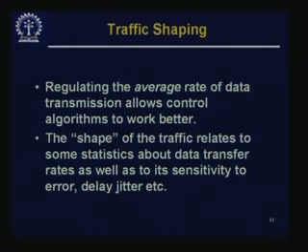Let us look at traffic shaping first. Regulating the average rate of data transmission allows control algorithms to work better. As I mentioned earlier, computer networks, specifically data networks, our internet traffic etc., are inherently very bursty in nature.